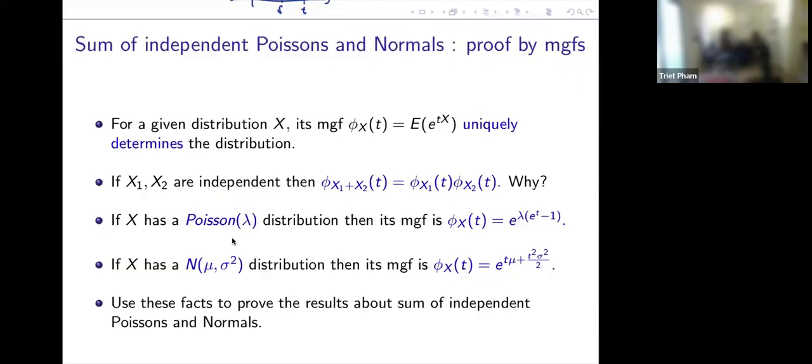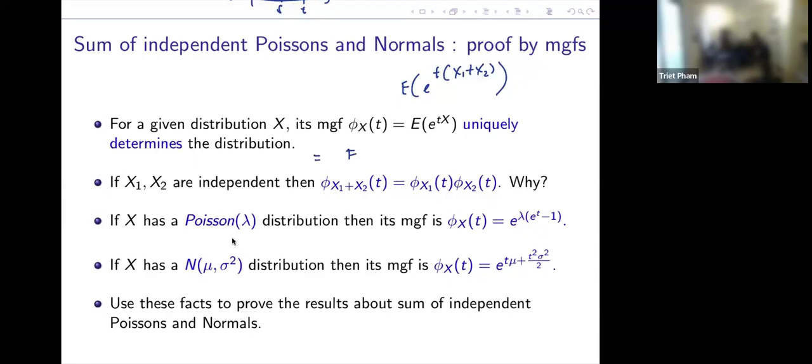So here, the MGF of the sum will be, by definition, the expectation of e to the t times X1 plus X2. But the exponential splits, so this is equal to the expectation of e to the tX1 times e to the tX2.